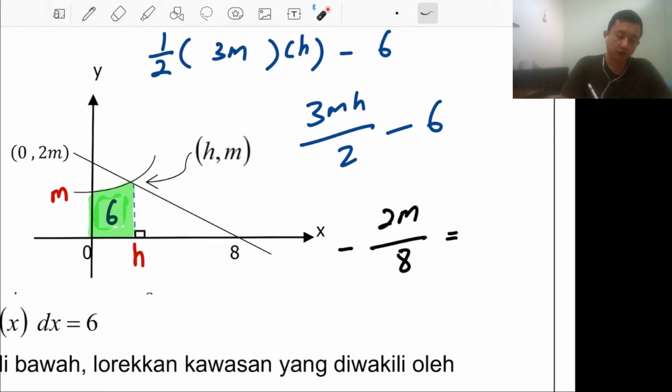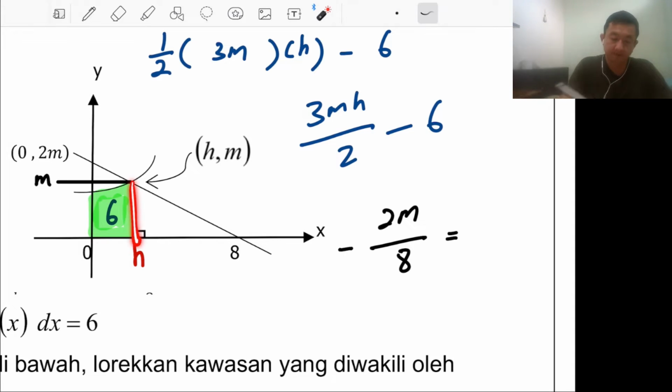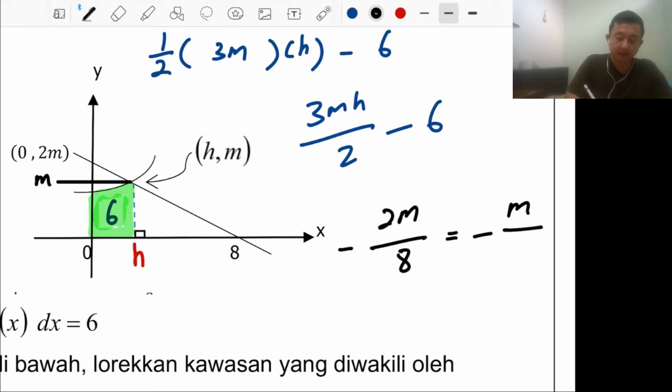What is the run here? What is the rise here? Here is the n, not precise enough. Okay, so the height is m, again negative, and the run is 8 minus h.